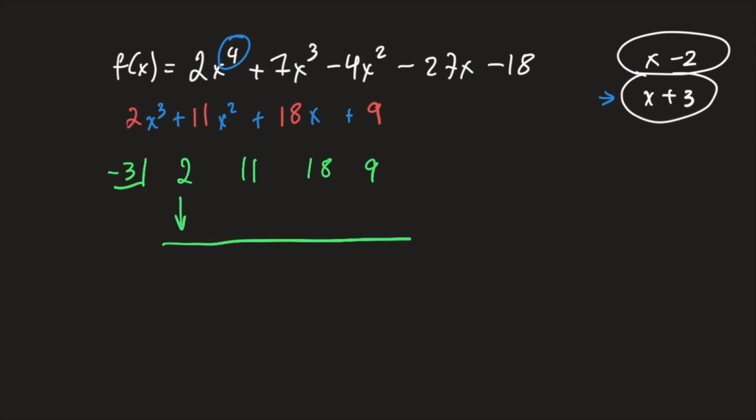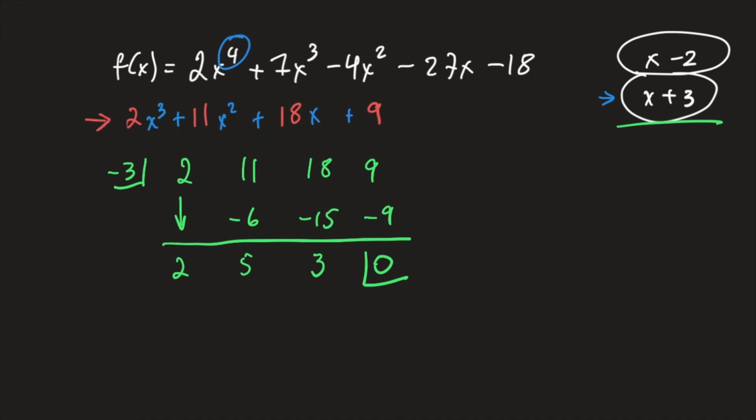I'm going to bring the 2 down, times -3. That is -6. 11 minus 6 is 5. Times -3 is -15. 18 minus 15 is 3. 3 times -3 is -9. And again, I have a remainder of 0, which again should make sense because x plus 3 is a root. Now I'm going to fill it in with a depressed polynomial, but it's a depressed polynomial from this depressed polynomial.